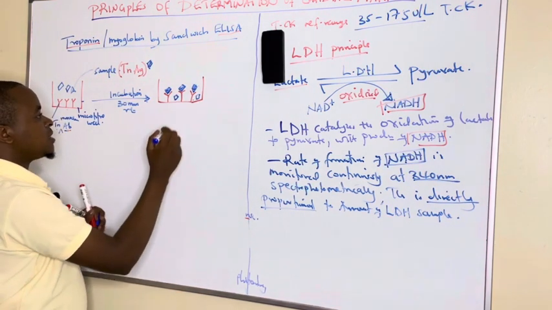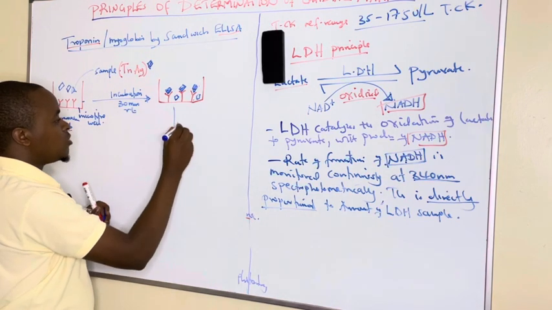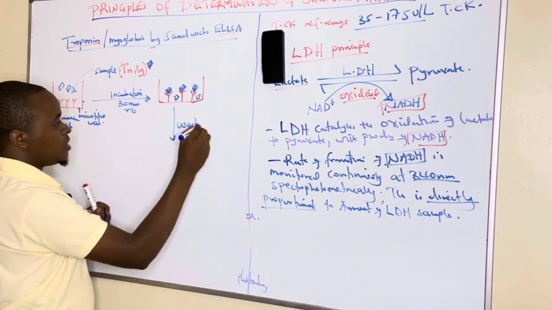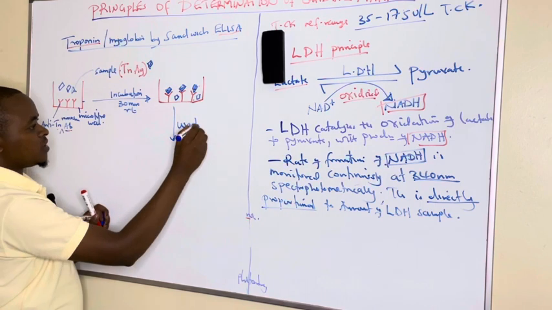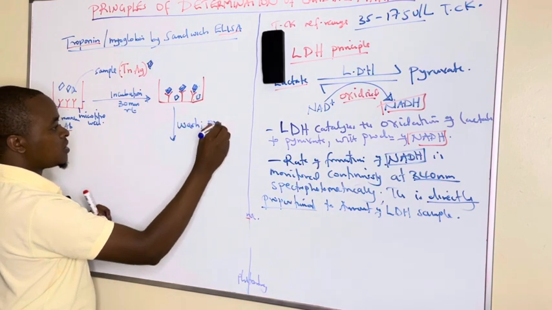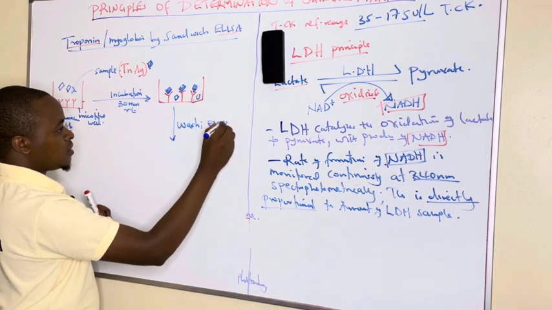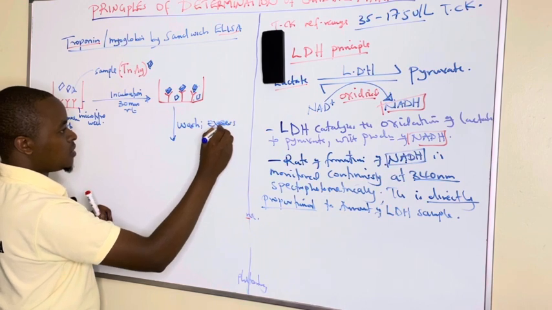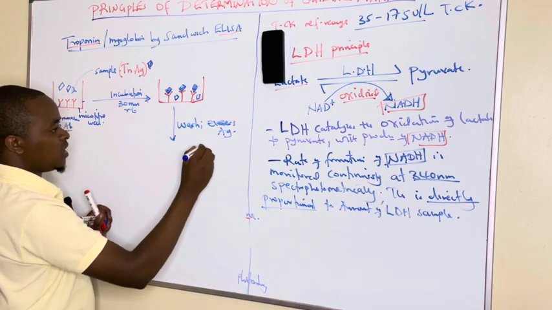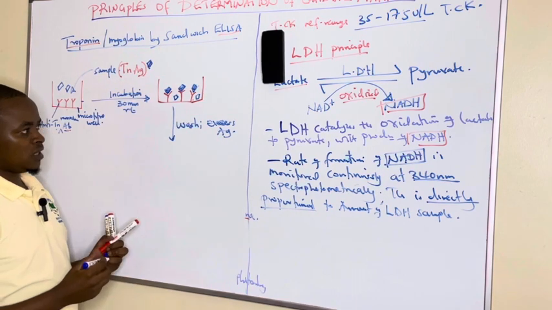And because there is excess, it is followed by washing. We wash with the buffer to remove the excess troponin antigens, or myoglobin antigen.